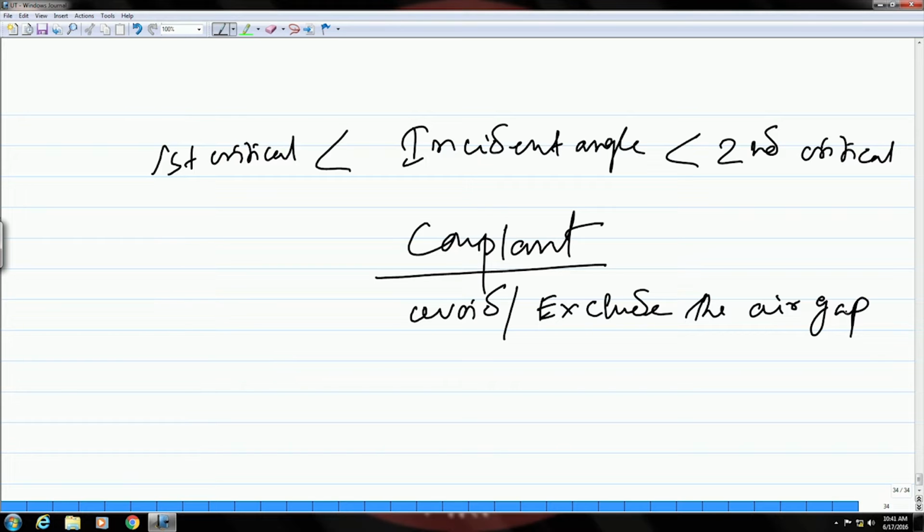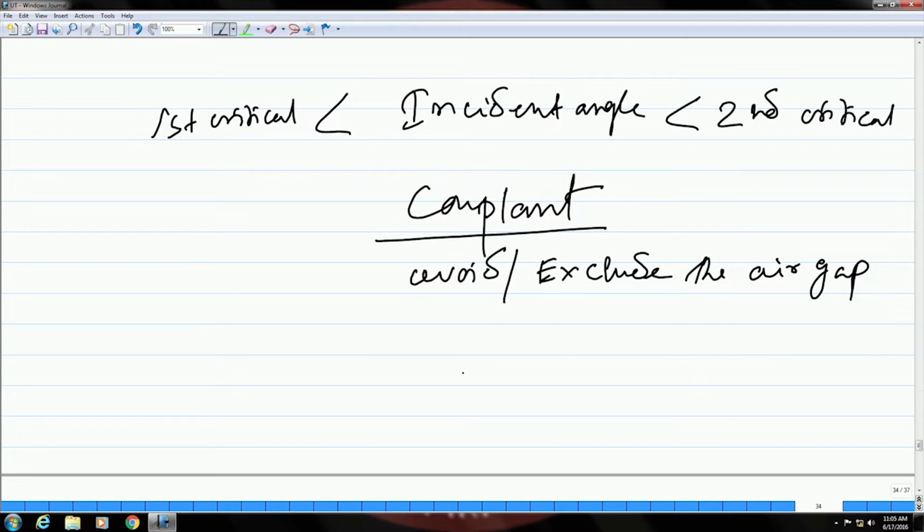So, this could be an oil, grease or some gel, which can be easily applied in the form of a thin layer. And we also saw that this couplant should have certain properties, certain requirements that it must satisfy.